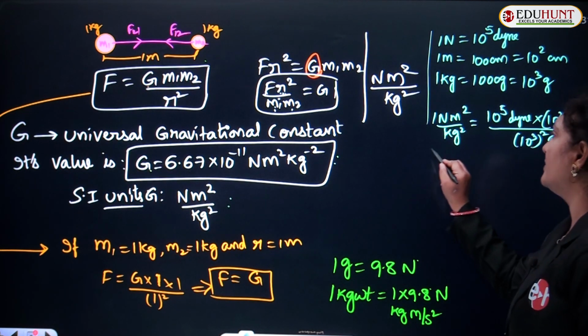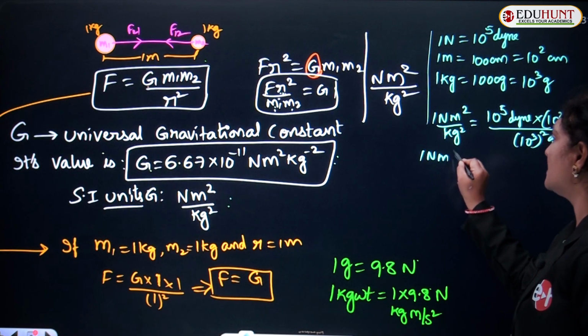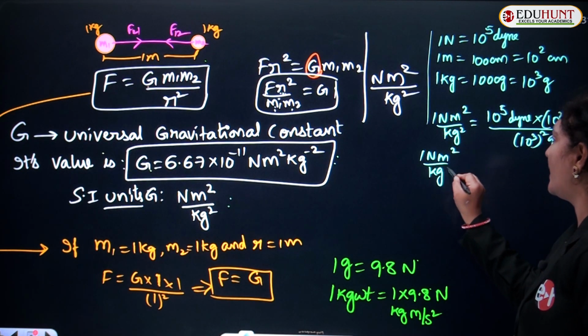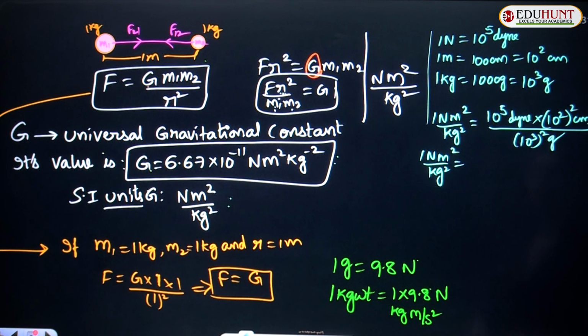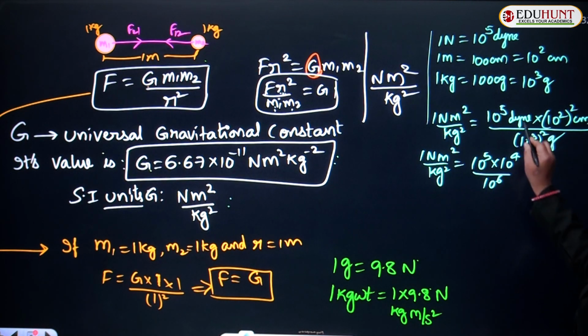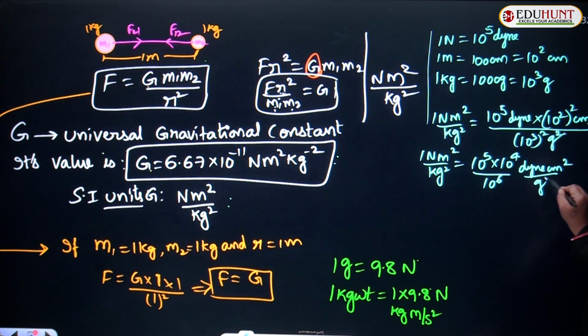So simplifying further, 1 Newton meter square upon kg square can be given as 10 power 5 multiplied by 10 square whole square is 10 power 4, upon 10 cube whole square is 10 power 6. Units are dyne centimeter square per gram square.